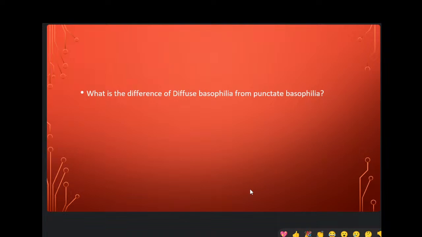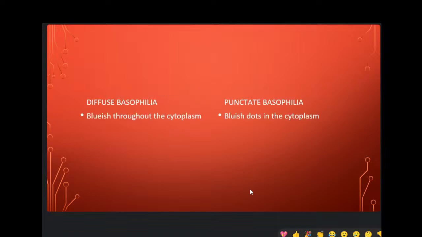What is the difference between diffuse basophilia and punctate basophilia? Punctate basophilia is characterized by bluish dots in the cytoplasm. While diffuse basophilia is bluish throughout the cytoplasm. What do I mean by punctate? Parang sinuntok-suntok siya. Tapos nabutas-butas siya na blue.